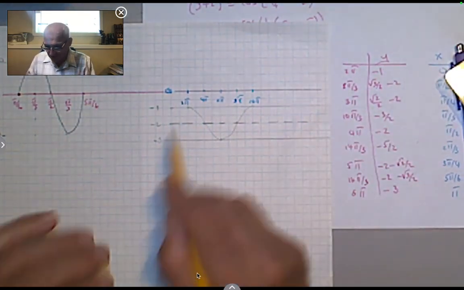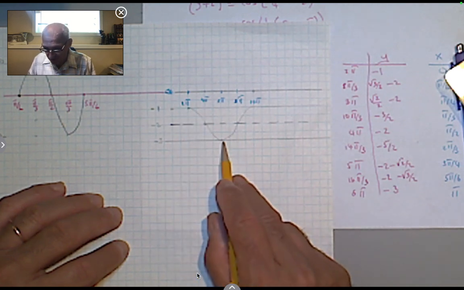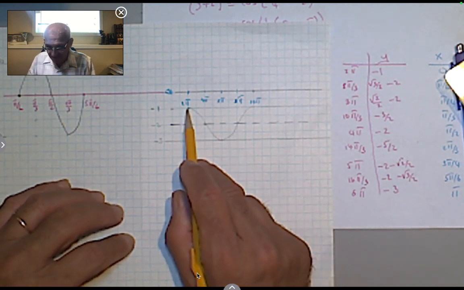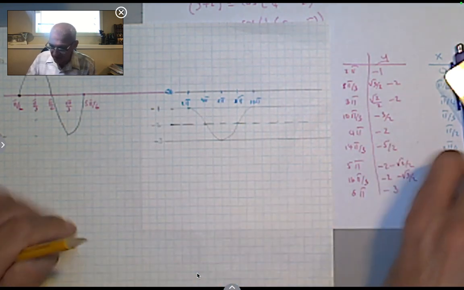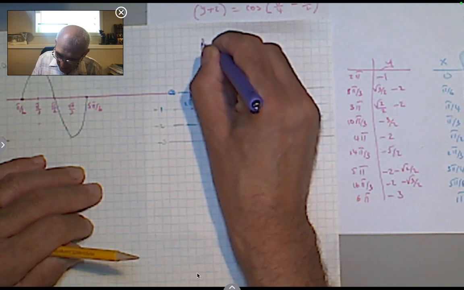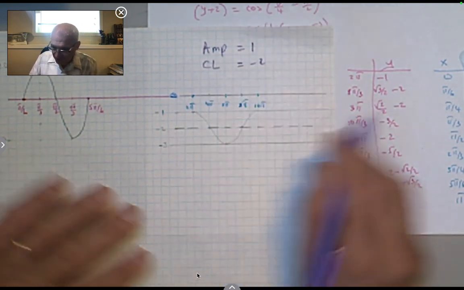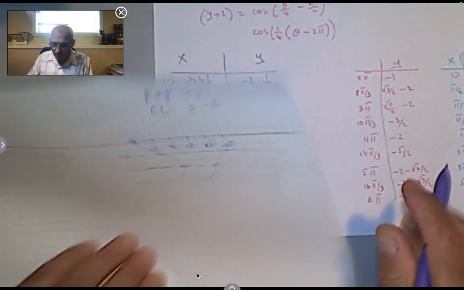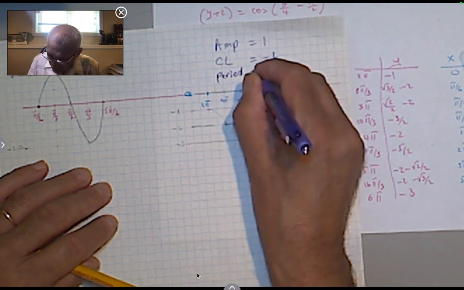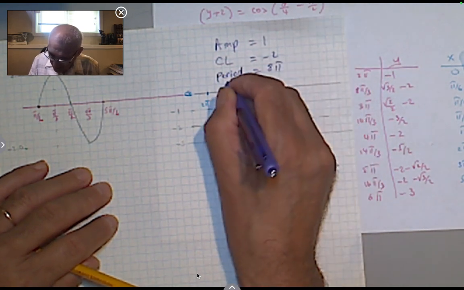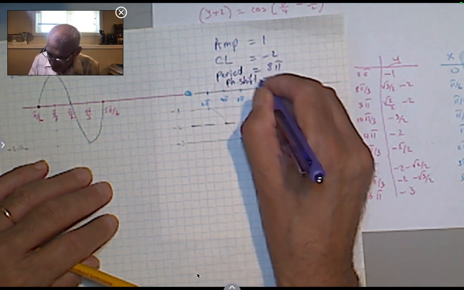I'm sorry guys, what I did is that I went from a maximum of -1 to a minimum of -3. I start at 2 pi and end at 10 pi because my period is 8 pi. So the amplitude is still 1. The center line became -2 because I went down 2. The period is 8 pi and the phase shift is 2 pi.